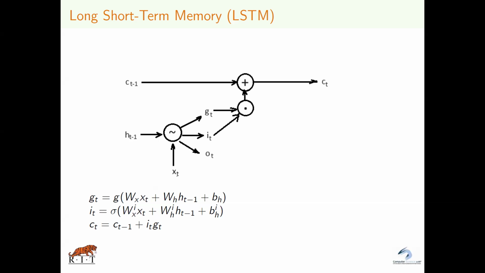And after that, we take information from the previous cell state and add the information from the current x. Again, if our gate was 0, we won't add this information from the current x value. If the gate is close to 1, we will add the information from the current value x.